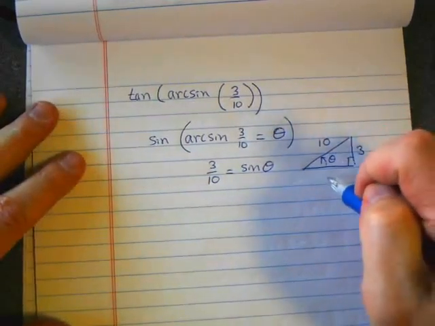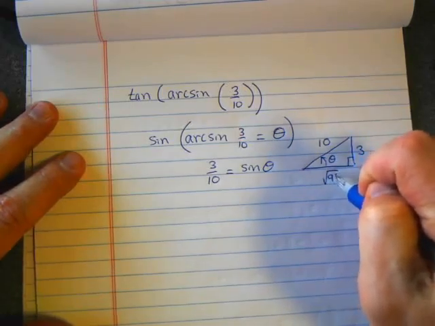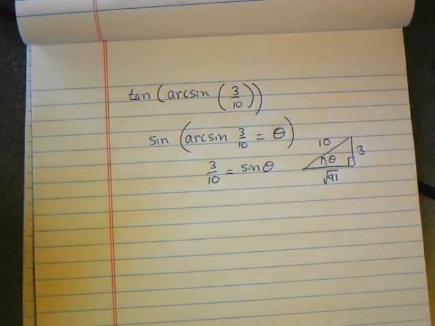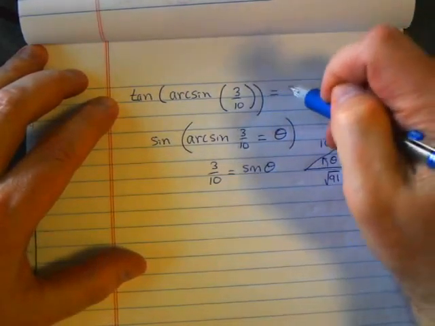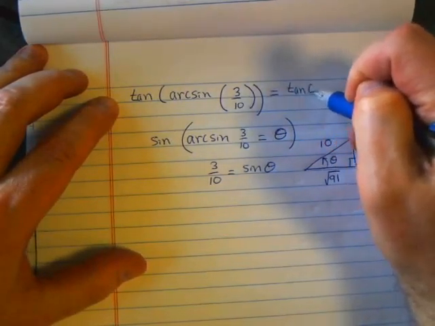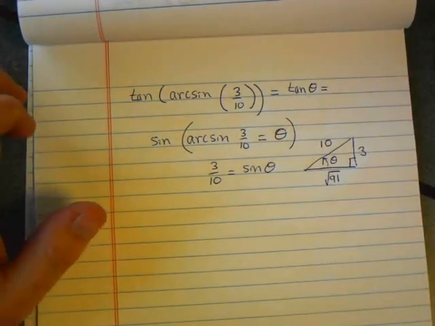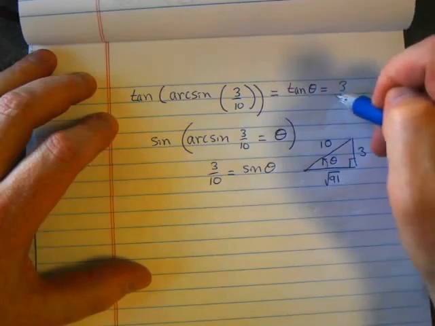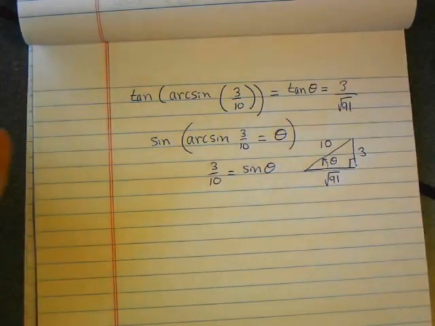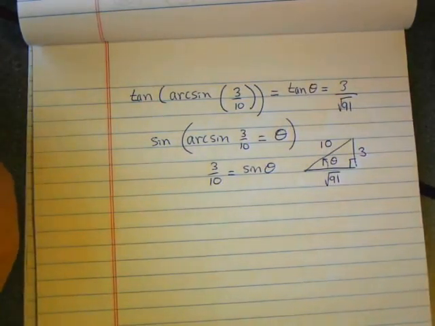That's square root of 91. All right, so all I need to do now is come back here and do the tangent of that angle theta. 3 over square root of 91, correct. Questions on that one?